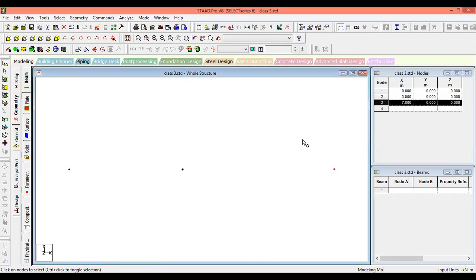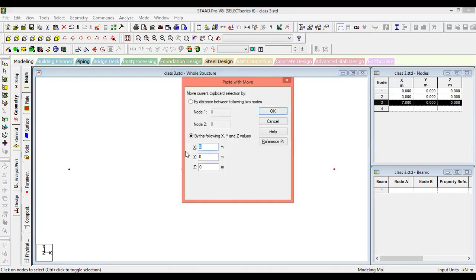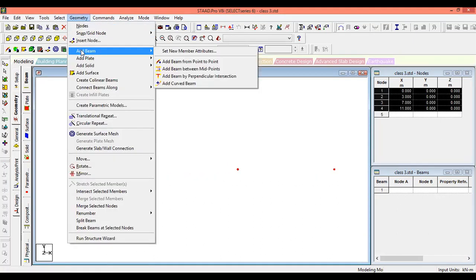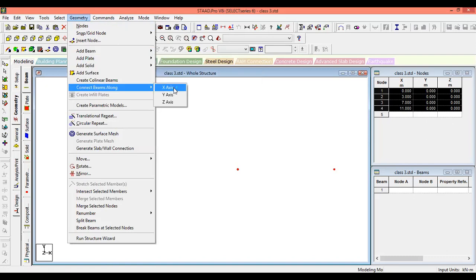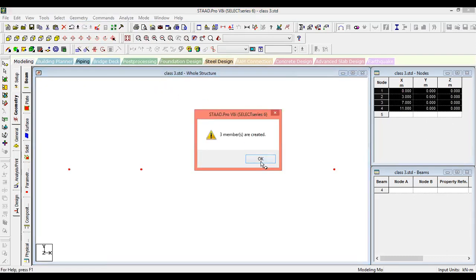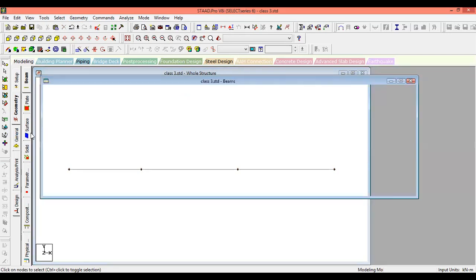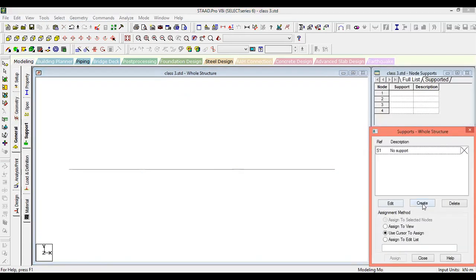Again, copy paste, Control C, Control V. The third span is also 4 meters, x is equal to 4. Now to join this, we select all the nodes, go to geometry, connect beams along x-axis. It automatically connects. And now go to general, support, create.